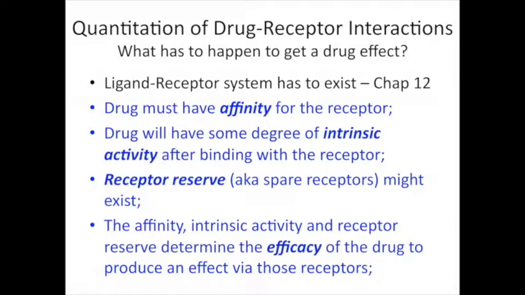A 10 micromolar KD is a drug that has more affinity for the receptor than something that has a 100 micromolar KD. Because 100 micromolar is the concentration required to activate half the receptors. The smaller that number is, the more specifically or selectively that drug will bind to that receptor.